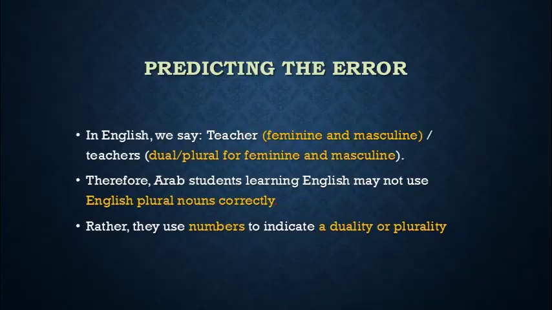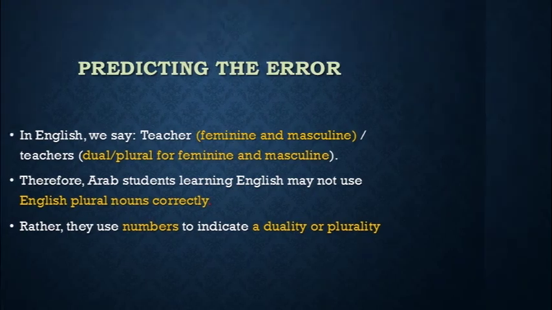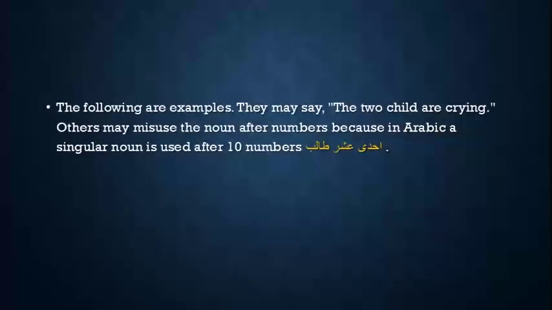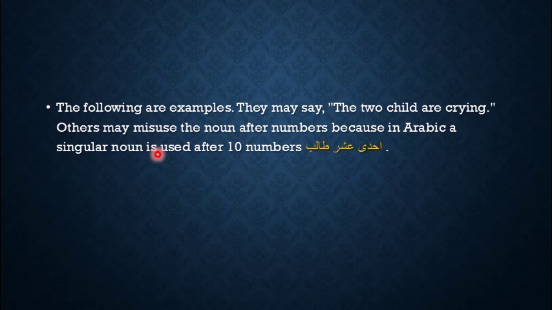Rather, they use numbers to indicate duality or plurality. Here are the following examples. They may say "the two children are crying." Because in English, as we said, there is no dual number, and Arabs want to specify the dual number, they would say "the two."